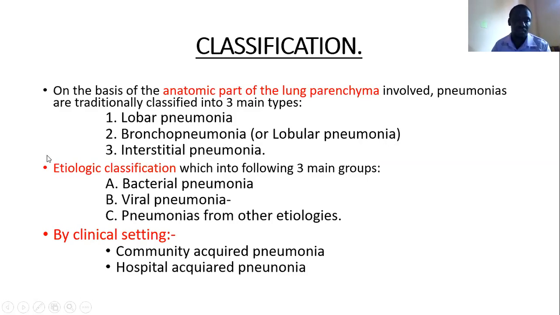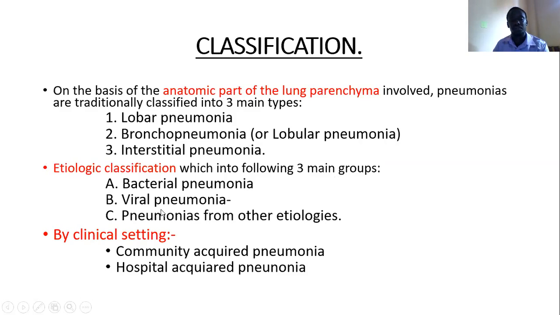We can also classify pneumonia according to the etiology, which we call etiologic classification, and it is basically classified into three main groups. We have the bacterial pneumonia, where bacteria is the causative organism. We have the viral pneumonia, where the virus is causing the pneumonia.